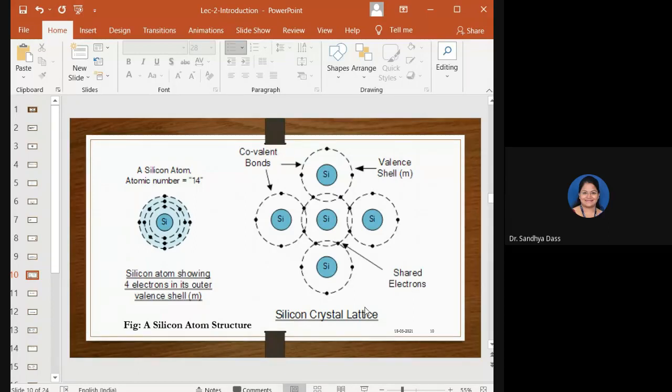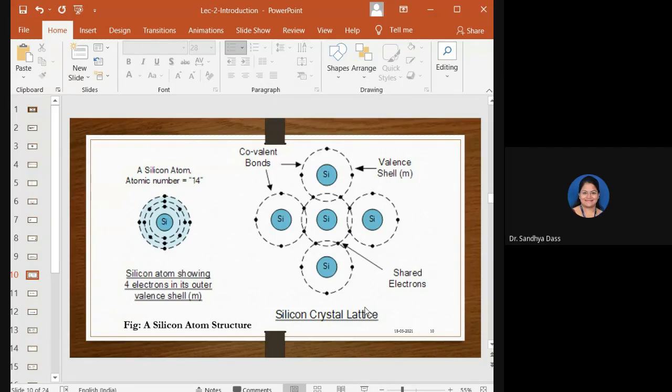Here the common or popular semiconductor materials, we are aware, are silicon and germanium, right? So if we add impurities, we can make these semiconductors act like a conductor, right?